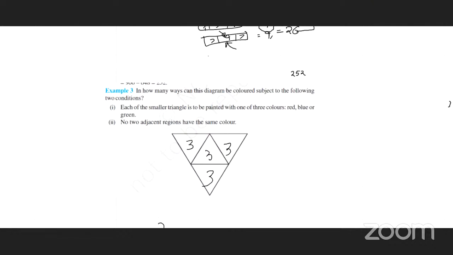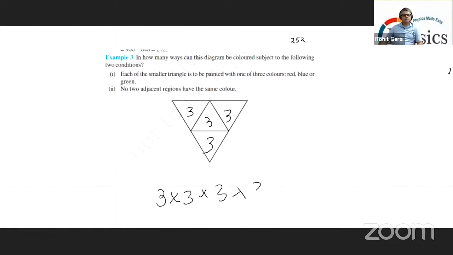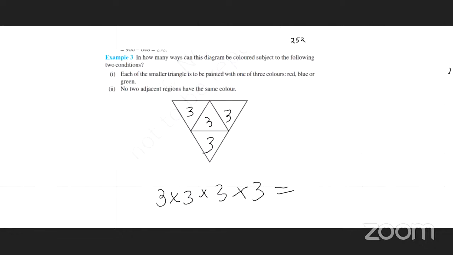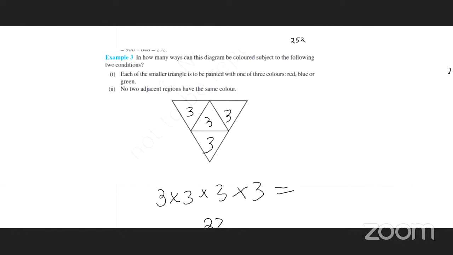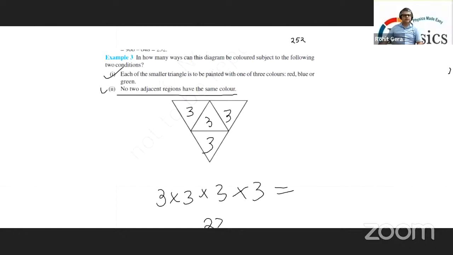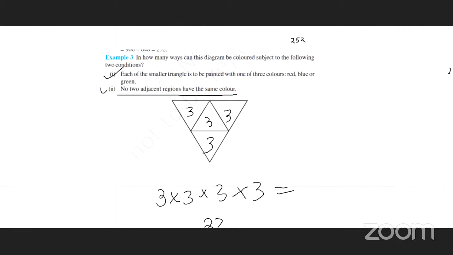3 into 3 into 3 into 3. Okay, it doesn't say a different color. 2 conditions are to be applied. Are these 2 separate conditions? Answer to the first. Okay. Then, no 2 adjacent regions have the same color.